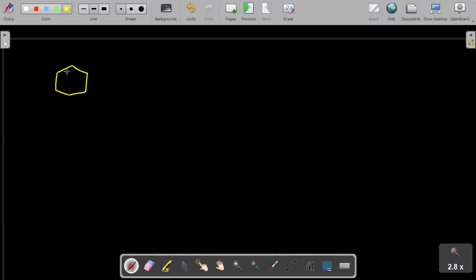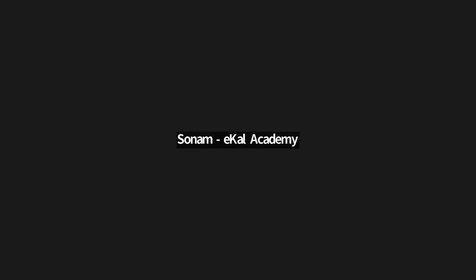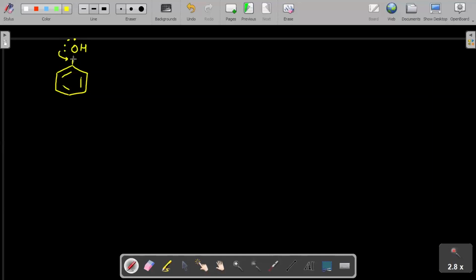So phenol, oxygen has two lone pairs. The oxygen gives an electron pair to benzene, and we get a stable phenoxide ion.